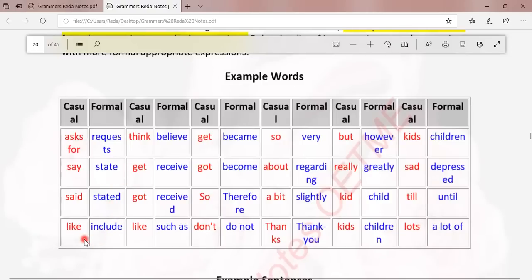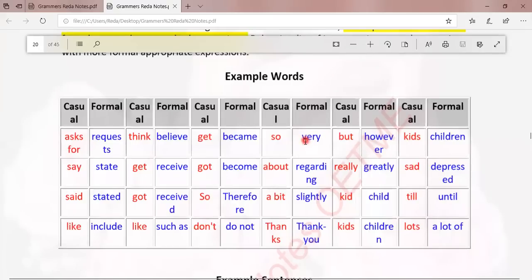Don't say like diabetes; try to say such as or include. Okay. Believe, receive, received. Became. Therefore, not so. Don't say so, say therefore. Do not, like that. Say do not, do alone and not. Thank you. Don't say thanks.